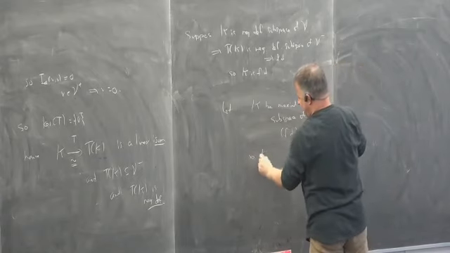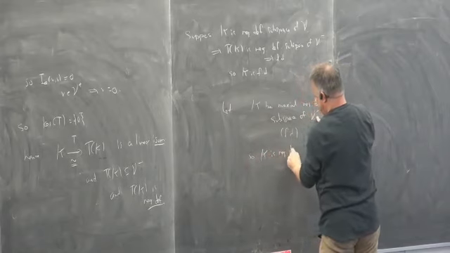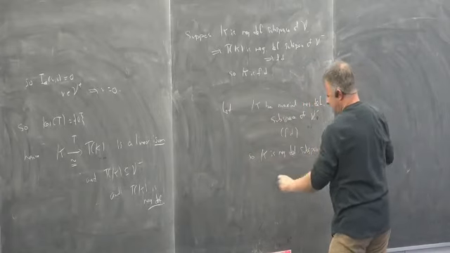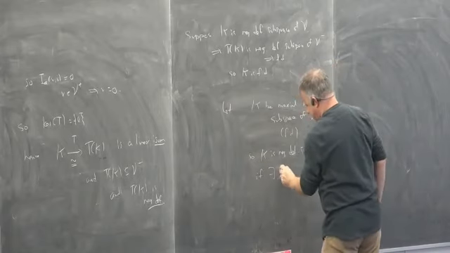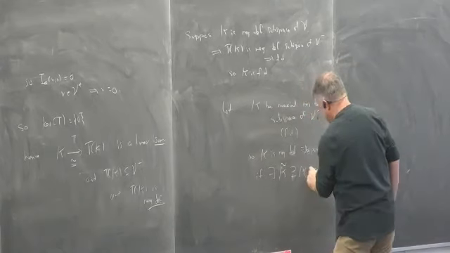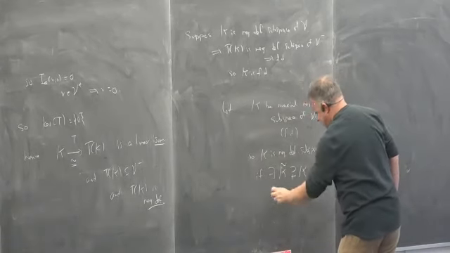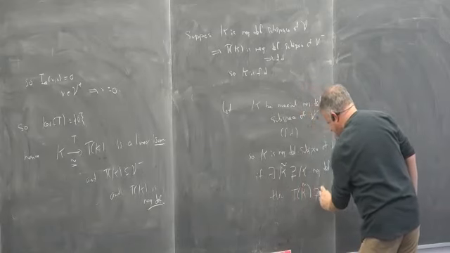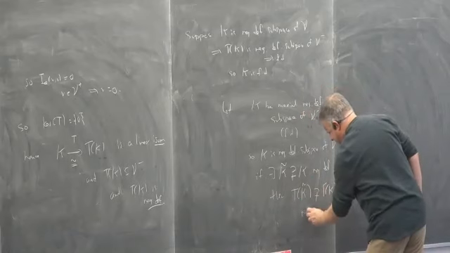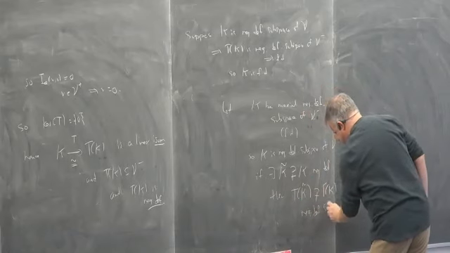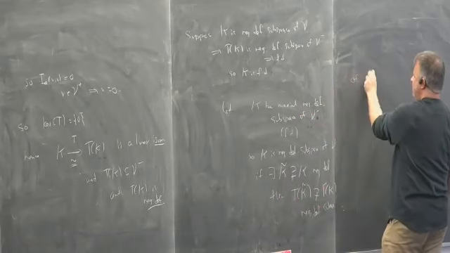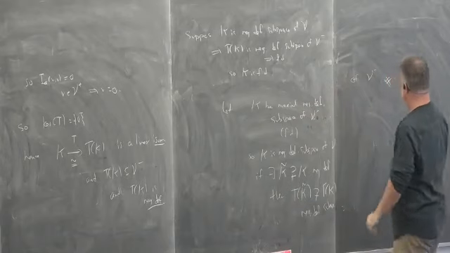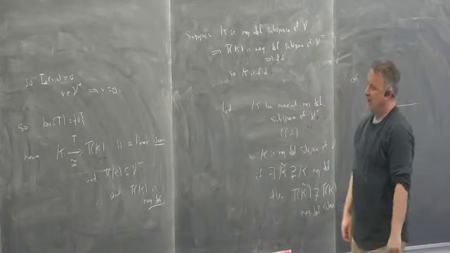So K is a negative definite subspace of V. If there exists K tilde properly containing K, negative definite, then T of K tilde properly contains T of K and is a negative definite subspace of V minus, and that's a contradiction because K was maximal. Does that make sense? Okay, that's more precise.